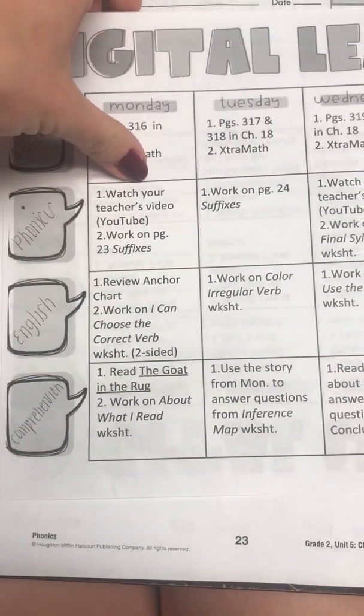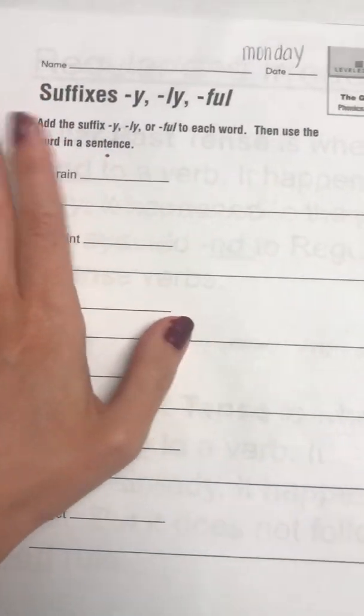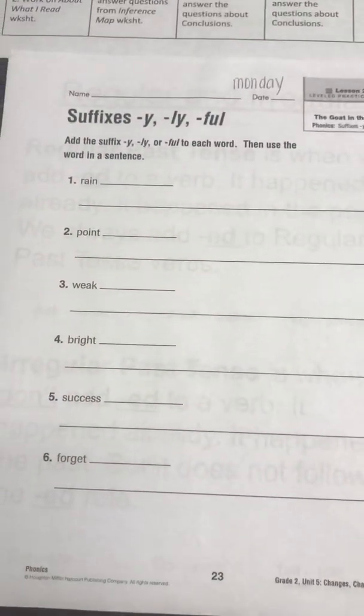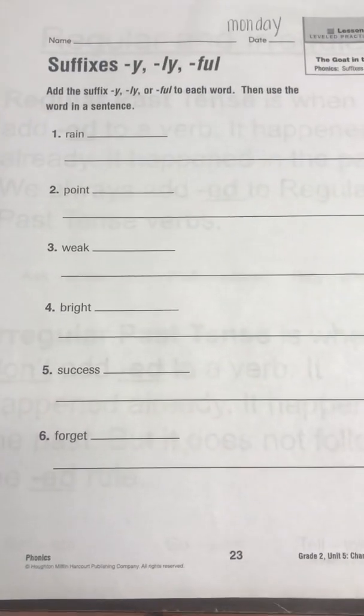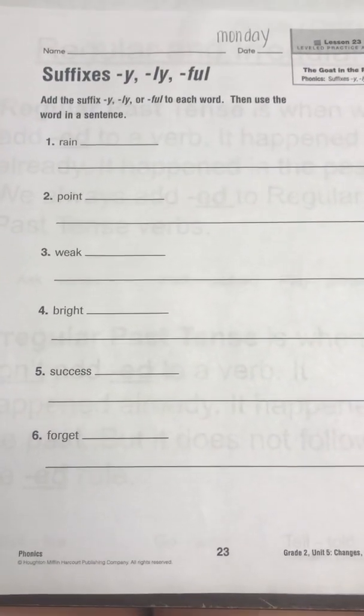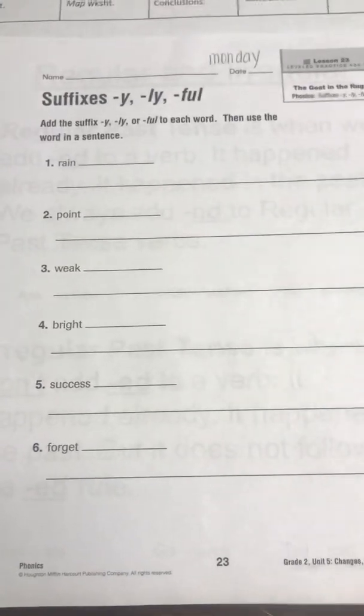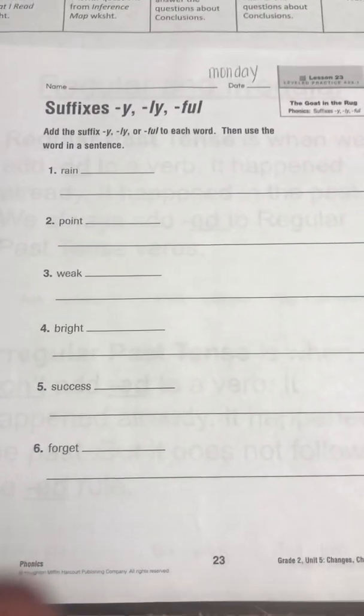And then in phonics, you guys will be looking at suffixes, and I have provided a definition and examples of what suffixes are and some videos in the phonics webpage on our website, so definitely take a look at those.